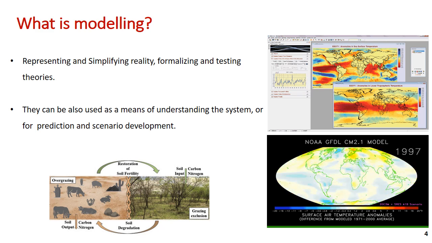By modeling also, you can understand a complex system, like the following example. You can understand how overgrazing, for example, interacts with the socioeconomic and the environmental factors to cause land degradation, to cause desertification, to affect some of the basic fundamental cycles that happen in the soil, like the carbon cycle and the nitrogen cycle.